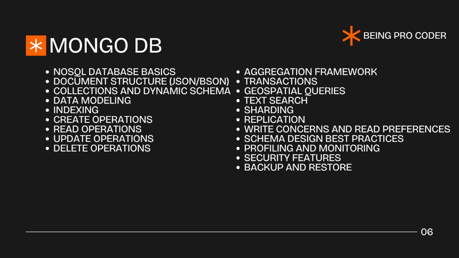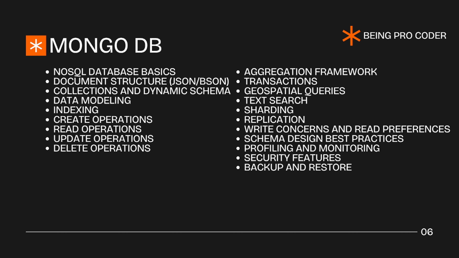Coming to the aggregation framework, it is a powerful way to process and analyze the data in stages. Transactions ensure the data is consistent across multiple operations. Geospatial queries are a topic where we need queries to find data based on location coordinates.